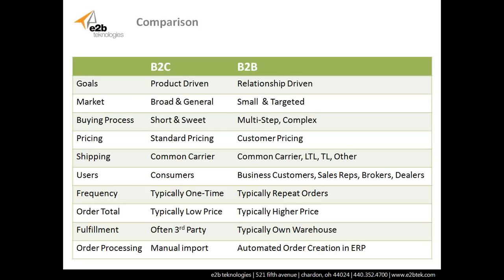B2B, I got customer-specific pricing. Shipping's different. The users are different. The frequency, the order totals are different. And what's interesting is we've done some research into this area, and I was kind of surprised. You'd think with the amount of companies out there selling B2C that the B2C e-commerce world would be bigger, but it's actually not.